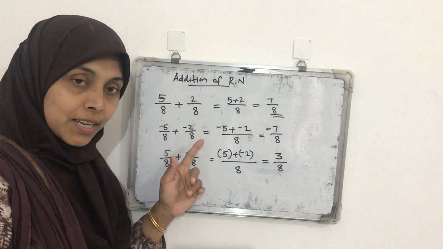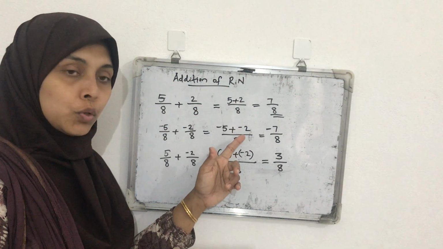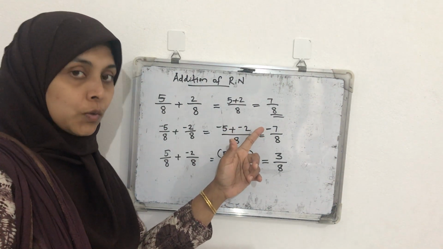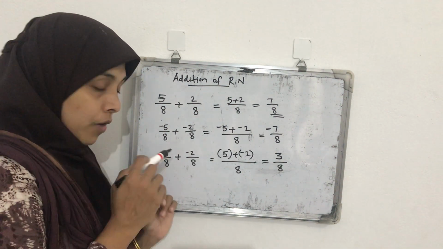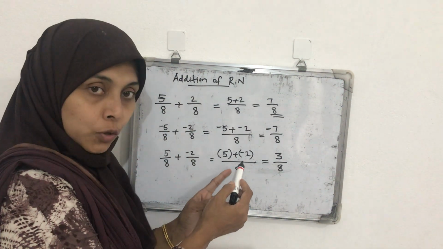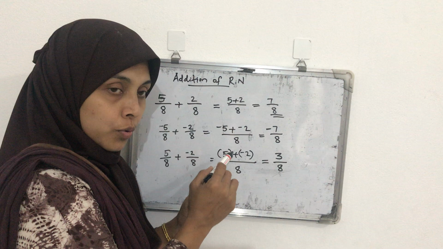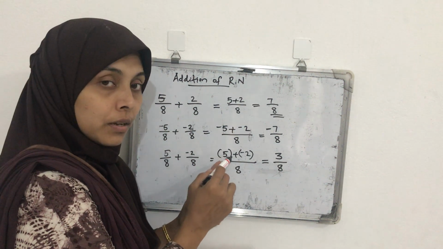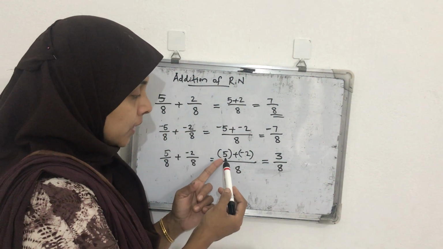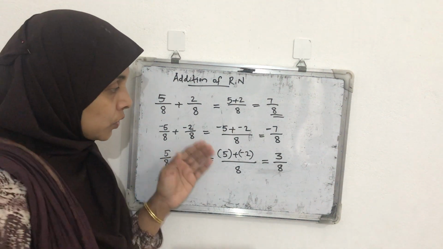If both numerators are negative, we add minus 5 plus minus 2, add the numerators and write the common negative sign. If one is negative and one is positive, we find the difference of the numerators, then put the sign of the greater numerator. Here the greater one is 5, its sign is positive, so it will be 3 by 8. Okay, so it is easy.